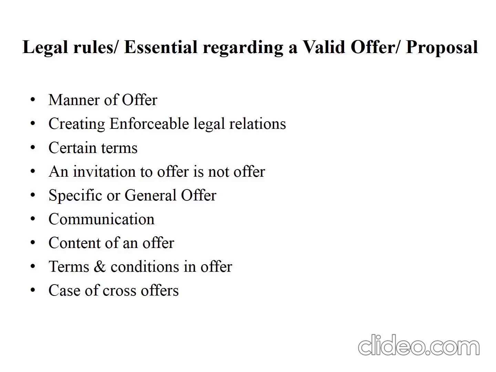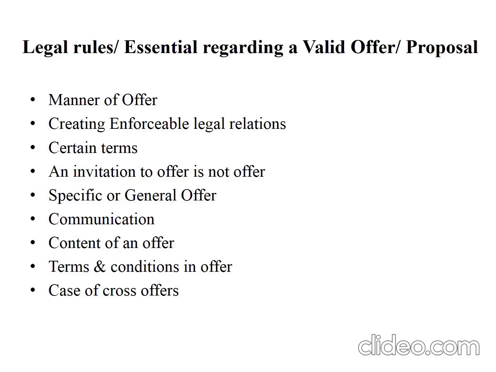For example, you publish an advertisement in a newspaper, or display it at a particular place. That is an invitation to offer, which may not constitute a valid offer, because many times in advertisements there is an asterisk or star mark saying subject to certain terms and conditions.